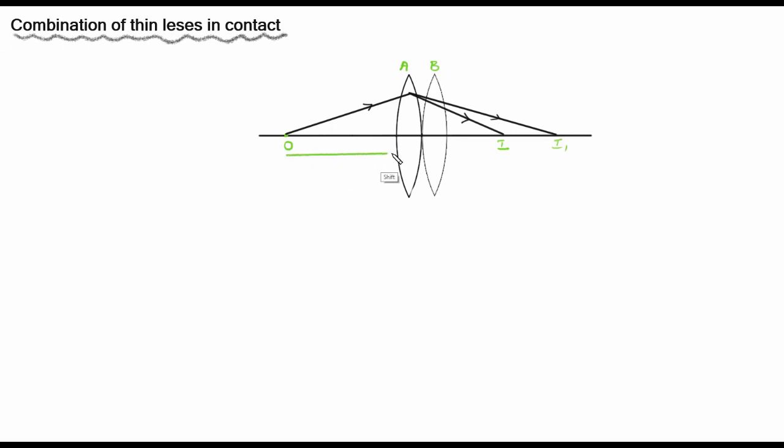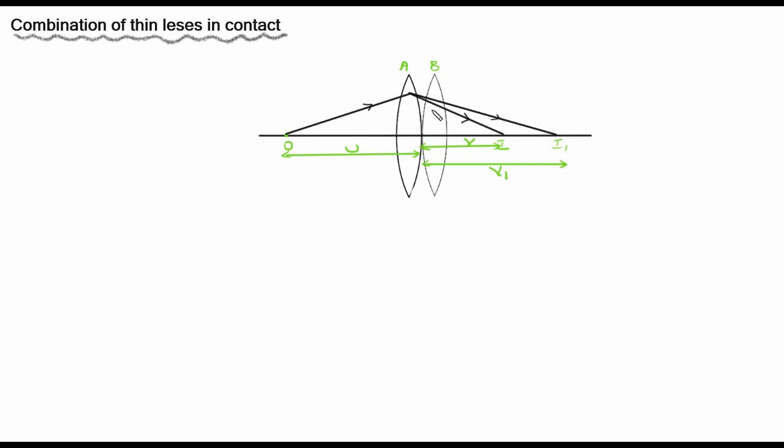From here to here, the distance is u, the object distance. From here to here, this is the first image, so I'll write it as v1, and the distance from here to here, this is the final image which we can see, so I'll write it as v. This is the object distance, this is the first image distance, this is the second image distance.